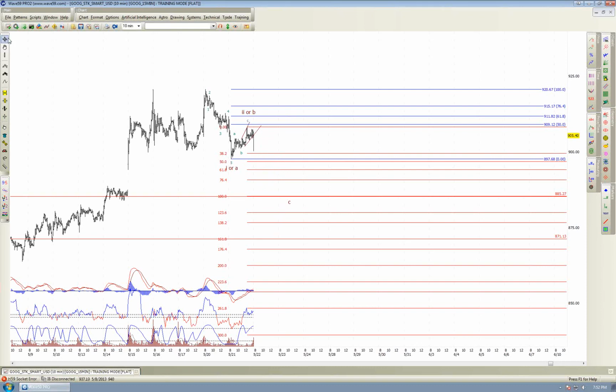So we're short. Our stop is just above this high here, where the C wave ended, and we're just going to follow down price.